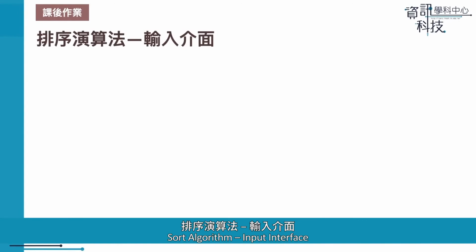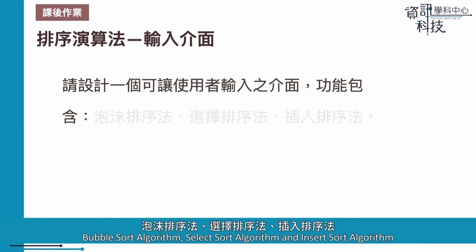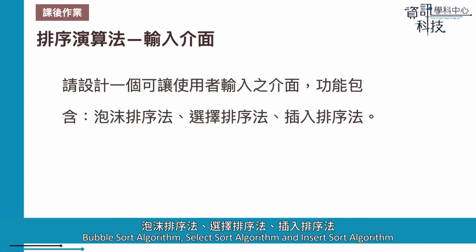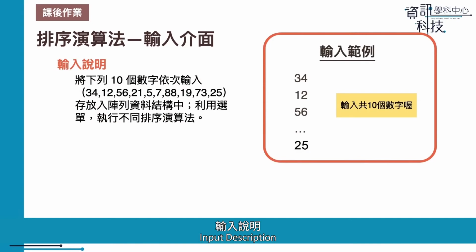Sort algorithm, input interface. Please design an interface that allows users to input with the 3 functions including bubble sort algorithm, select sort algorithm, and insert sort algorithm. Let the user enter 10 numbers at random. Sort the numbers from small to large, and output the result of every sort. Input description.